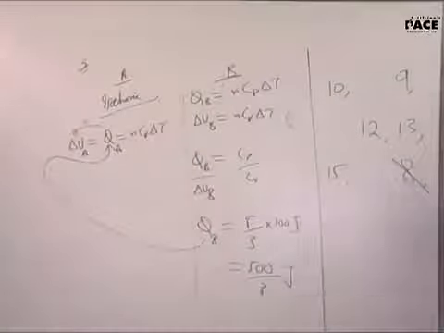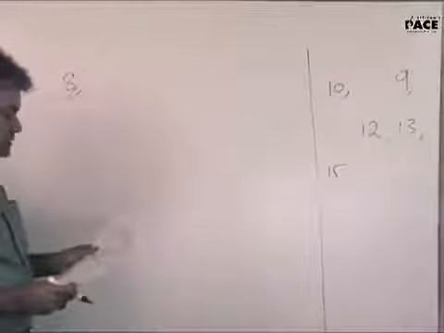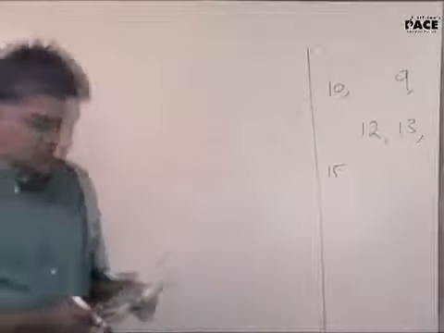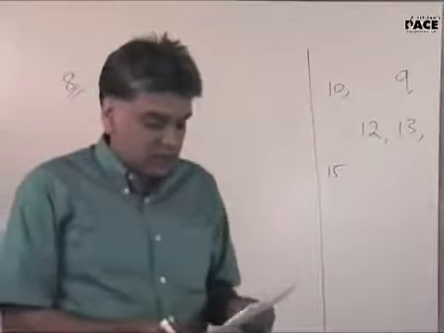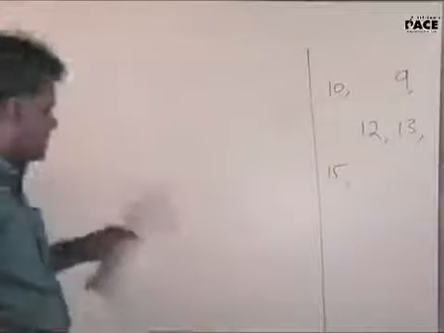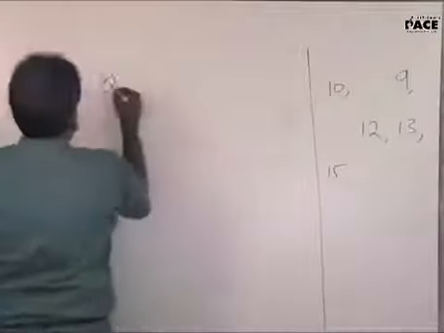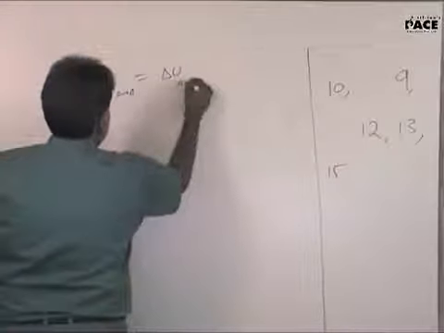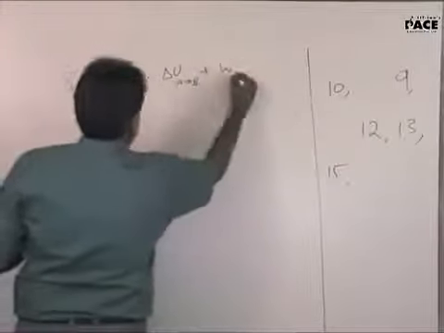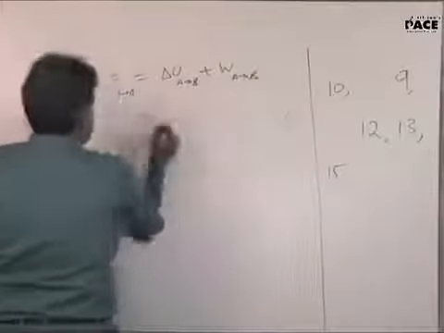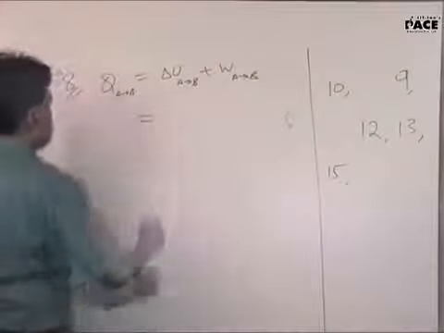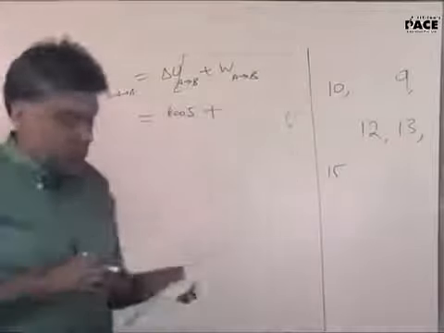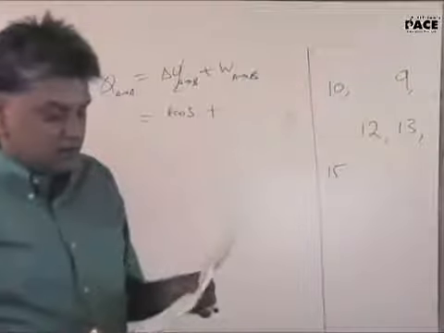The eighth one. See what is given is the following: internal energy and heat are given to you. Delta UAB is given. You can find QAB. QAB is delta UAB plus WAB. Delta UAB is given to you as 400 joules. Do you know WAB? WAB is the area under the graph.